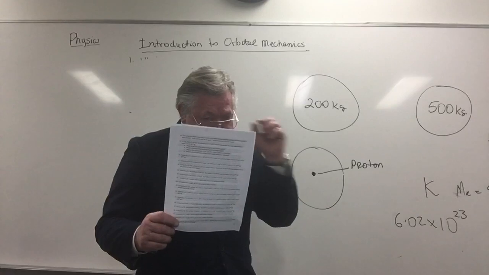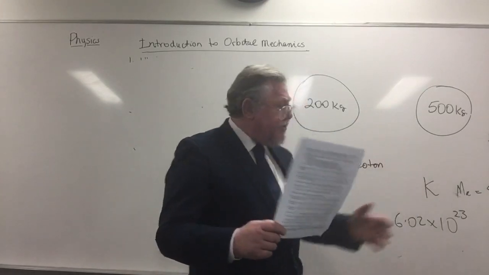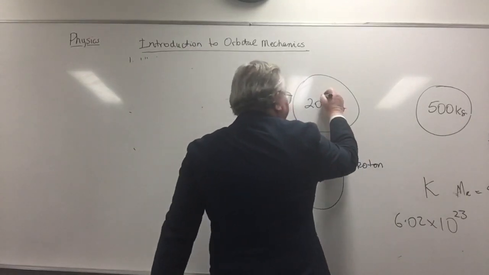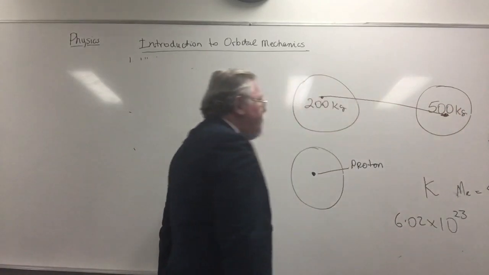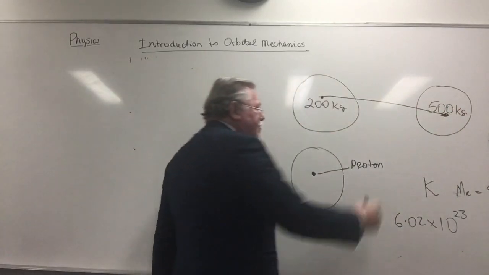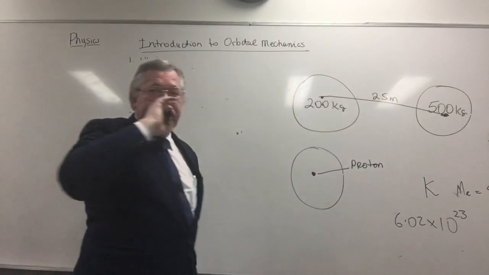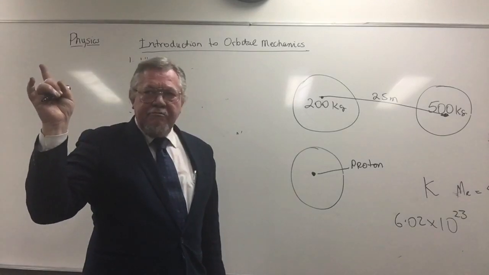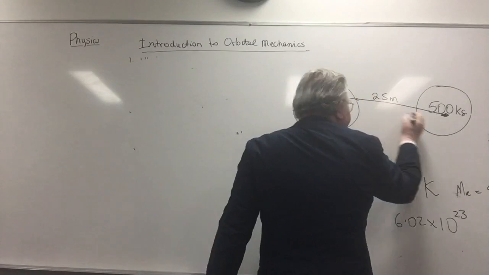Two objects have 200 kilograms and 500 kilograms, and their centers are separated by a distance of 25 meters. So here we go, that center to that center is 25 meters. Now don't forget, when we talk about a satellite range, we're talking about this distance to this distance.